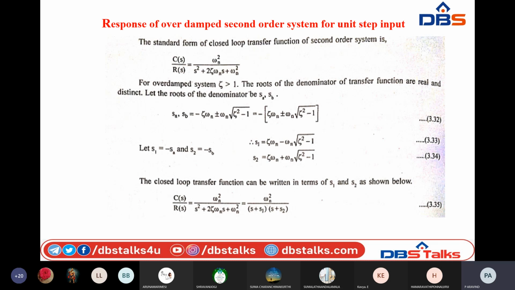This is my second root, because I am assuming s1 equal to minus sa and s2 equal to minus sb. From this assumption, I am getting s1 as equation number 3.33, and s2 equal to zeta omega n plus omega n into square root of zeta square minus 1, that is equation number 3.34.